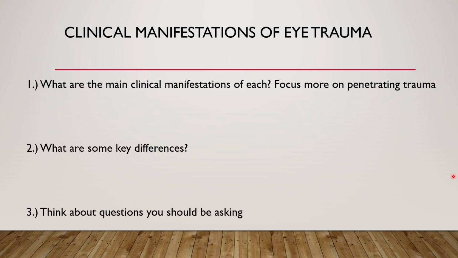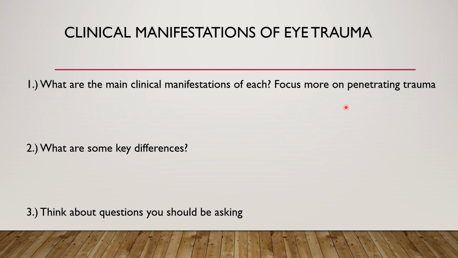Trauma. For eye trauma, that's a little different, right? It has something to do with something that flew into the eye, or trauma that has to do with flying objects. So there's several different kinds. I do want you to focus more because you have several boxes here, right? Penetrating, blunt, and ocular burns. I want you to focus more on the penetrating trauma and also the ocular burns.